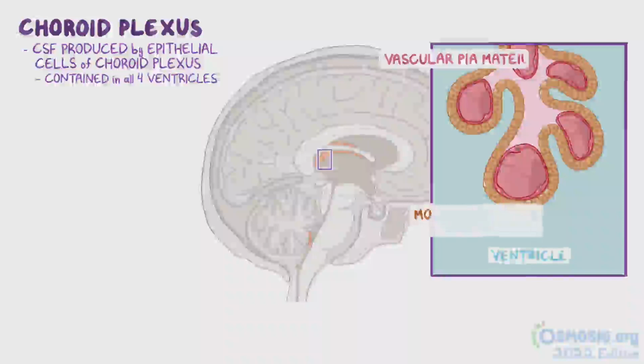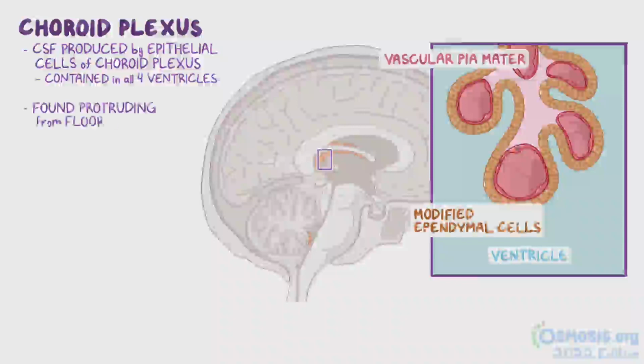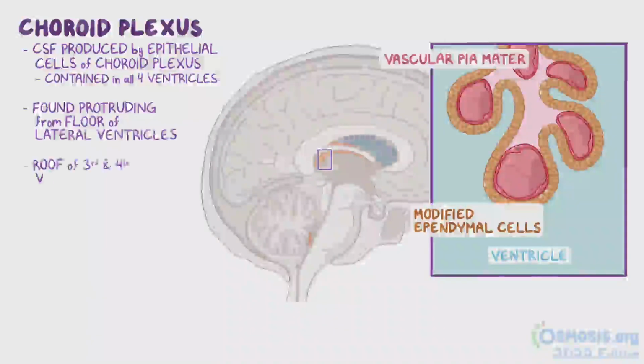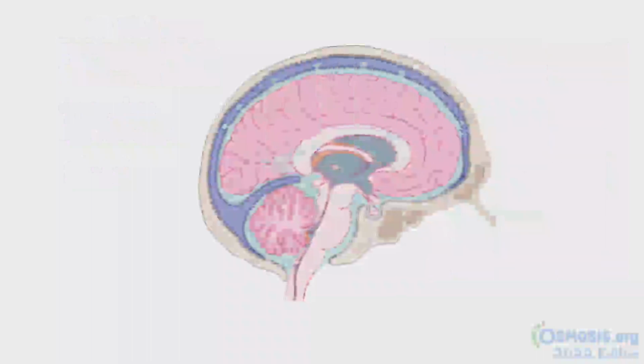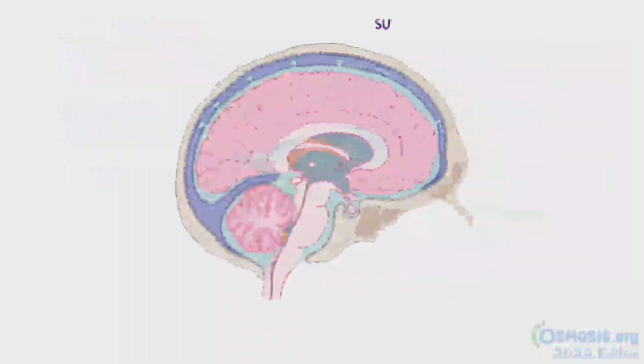These are actually modified ependymal cells, similar to those that line the inner surface of the ventricles. The choroid plexus can be found protruding from the floor of the lateral ventricles and the roof of the third and fourth ventricles.